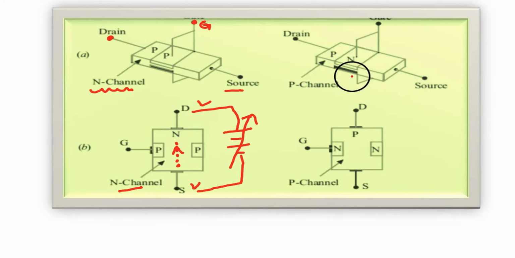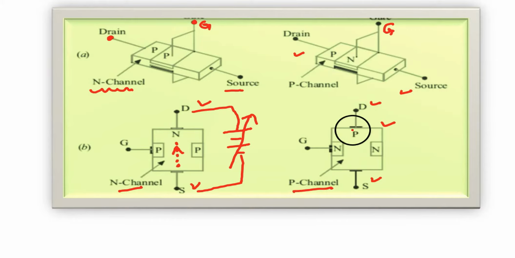Like that, here it is a P-channel FET. P-channel, here is the source, drain, and the channel is of P-type, but the gate is made up of N-type semiconductor. This is P-channel, source, drain, but the gate is made up of N-type semiconductor.